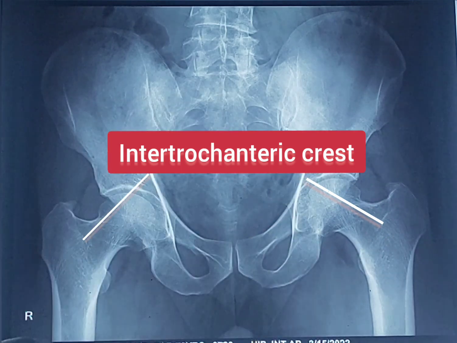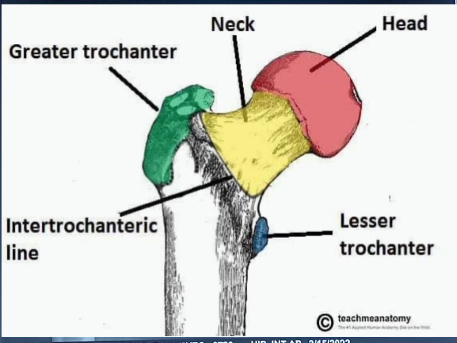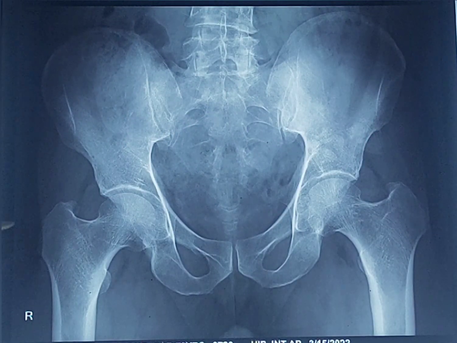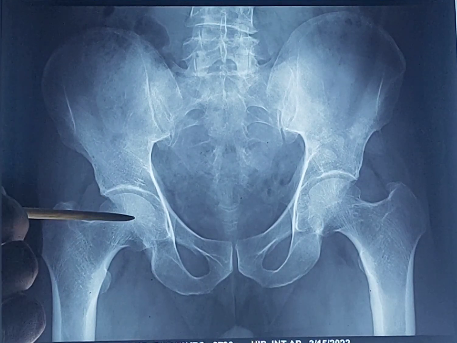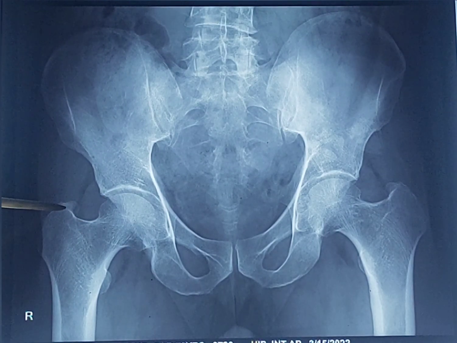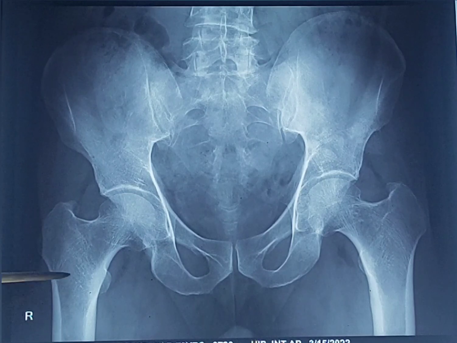But anteriorly, between the greater trochanter and lesser trochanter, one line is there called intertrochanteric line. So, if you are asked what are the parts of femur we can see here, the answer will be head, then neck, greater trochanter, lesser trochanter, intertrochanteric crest, and anteriorly the intertrochanteric line and upper end of the shaft of the femur.